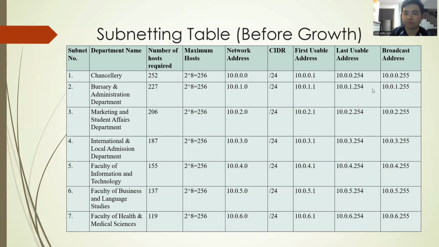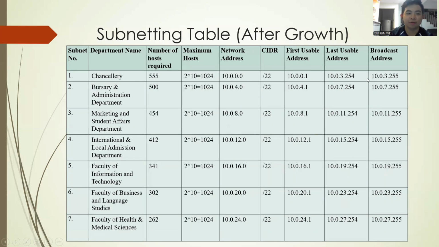And this is the subnetting table after growth. Same as before, for the number of hosts required after growth, you need to find the maximum host, an amount bigger than the number of hosts required, and also the CIDR after you calculate.